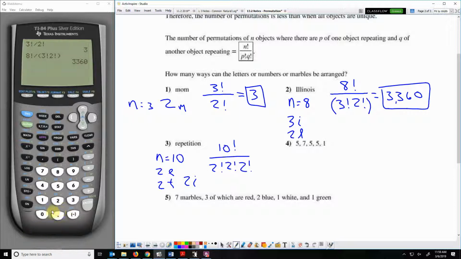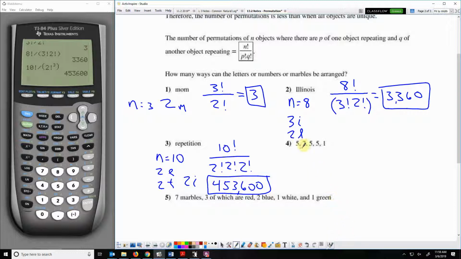When I put that in the calculator, I've got 10 factorial divided by 2 factorial, and since I've got 3 of the same thing I'm multiplying down here, I could raise that to the 3rd power. So instead of 2 factorial, 2 factorial, 2 factorial, I'm doing 2 factorial cubed. There are 453,600 ways to rearrange the letters in the word repetition.